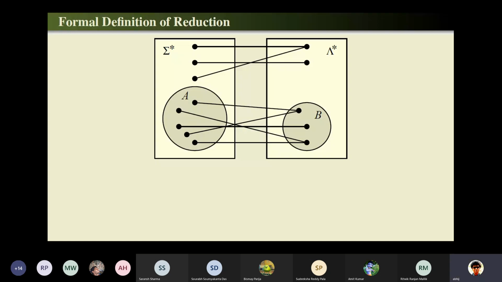A reduction algorithm from A to B is a map from sigma star to lambda star such that elements of A will map to elements of B, as the picture shows, and elements not in A will map to elements not in B.